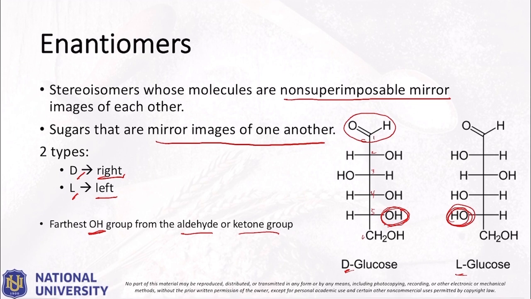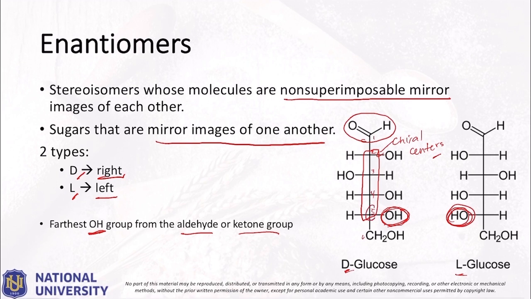And pansin nyo guys, itong part na to, no, itong carbon 2 to carbon 5 ni glucose, ito yung mga chiral centers. One way to figure out kung D and L glucose din is doon sa pinakamataas na chiral center. No?